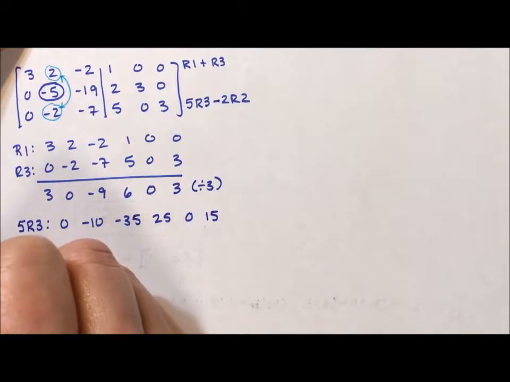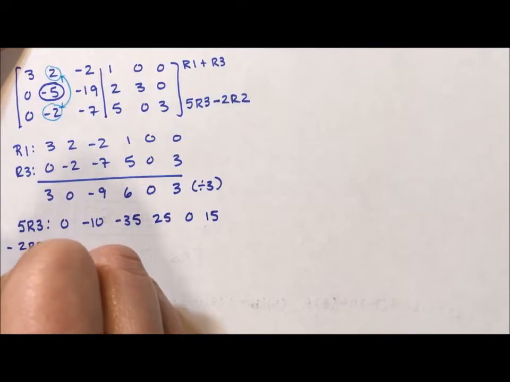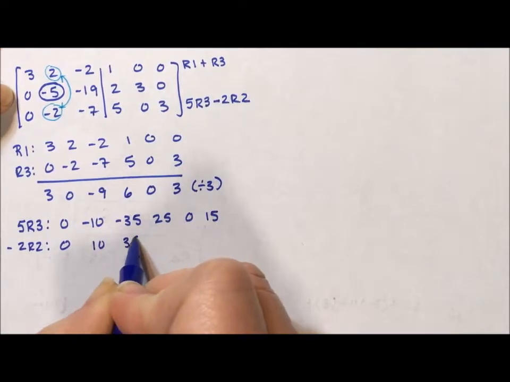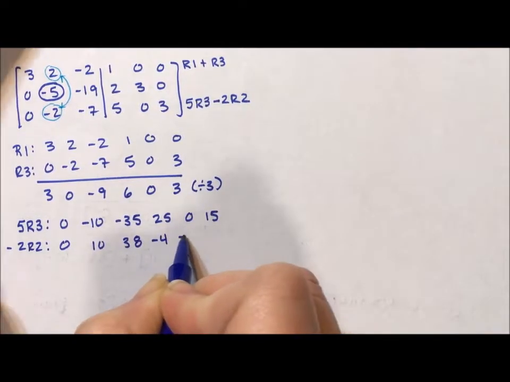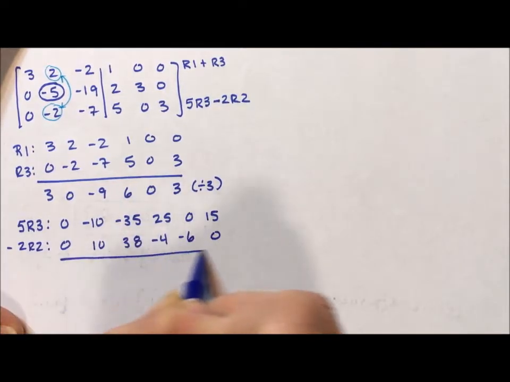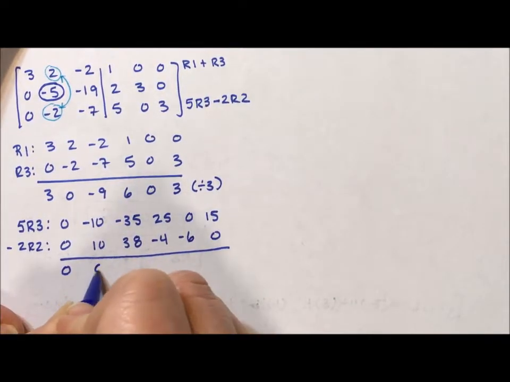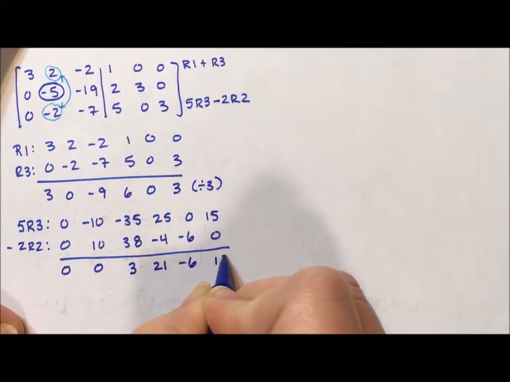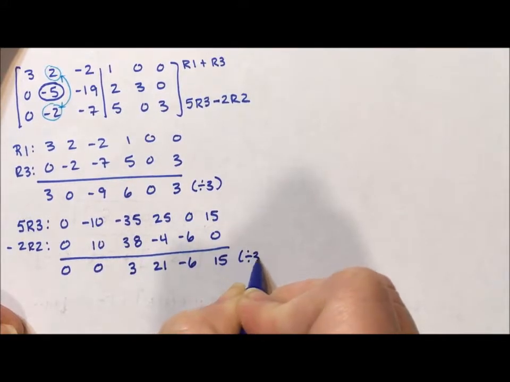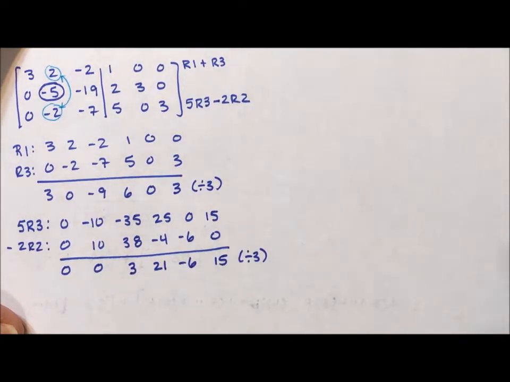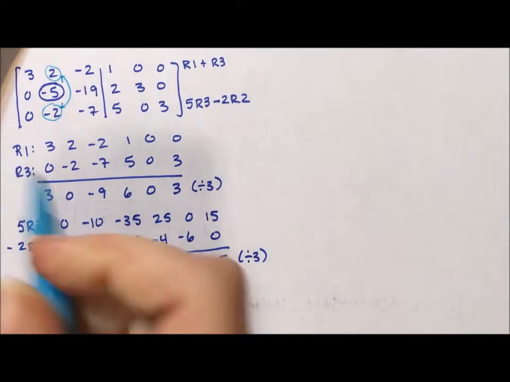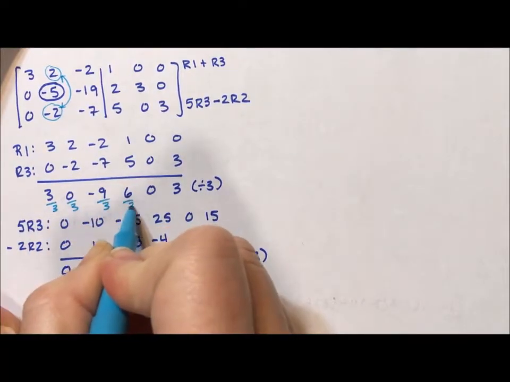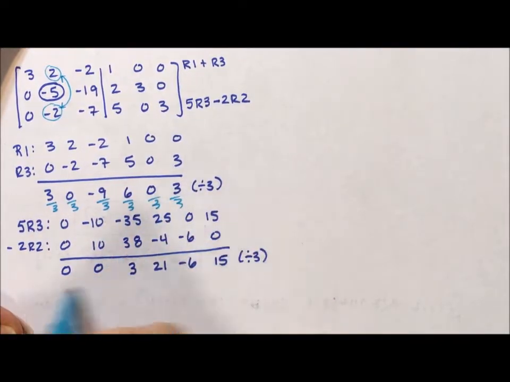And add that to -2 times row 2, which is 0, 10, 38, -4, -6, 0. And if I add down, I get 0, 0, 3, 21, -6, 15. And I'm going to divide this by 3 as well. When I say divide by 3, what I'm saying is I'm going to take each and every element and divide by 3. And I'm going to do that to both sets.